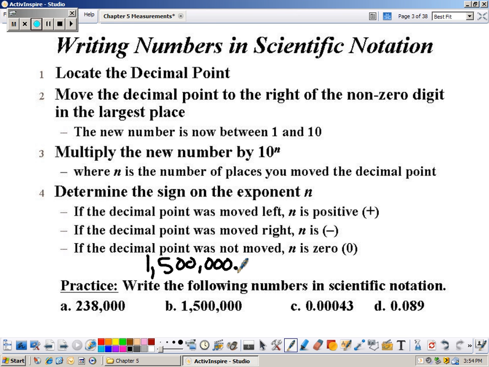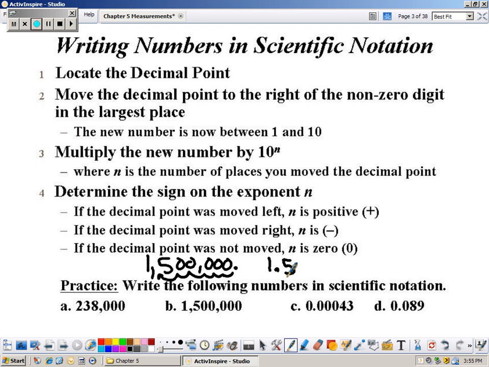And next, move the decimal to the right of the number with the largest place value, which is 1 million. So you're going to move it to the right of the 1. In order to do that, that decimal needs to move 6 places to the left. 1, 2, 3, 4, 5, 6. And that's going to leave you with a 1.5. That's your number between 1 and 10.